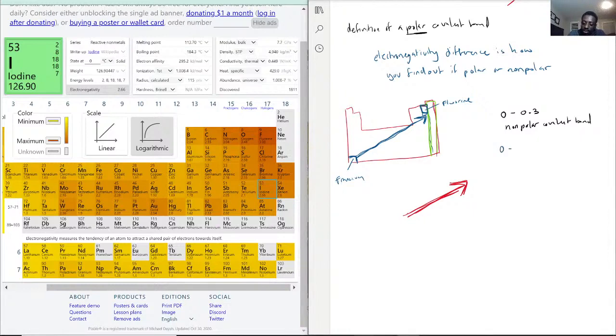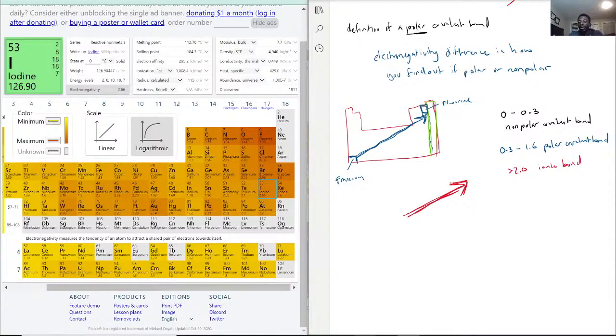If it's between 0.3 and 1.6, this is a polar covalent bond. And typically if it's 2.0 and greater, so greater than 2.0, that's an ionic bond.